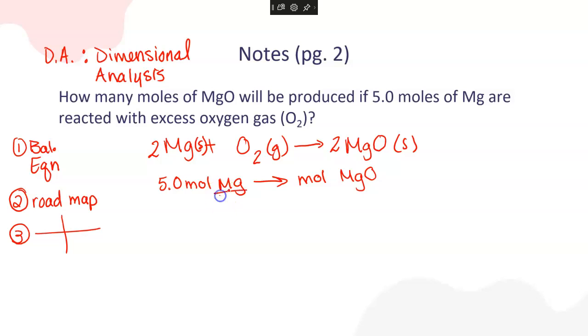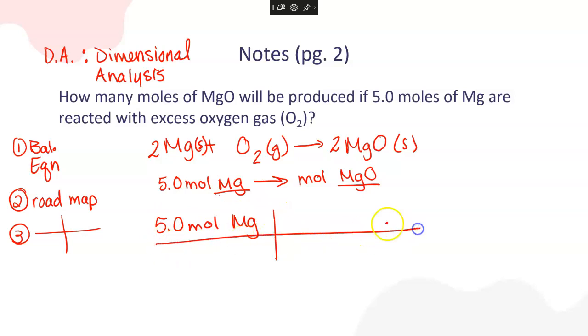So we do these because we're looking at two different substances. So, setting up my train tracks of 5 moles of magnesium, and I'm going to change that into moles of magnesium oxide. How in the past have we found the denominator?